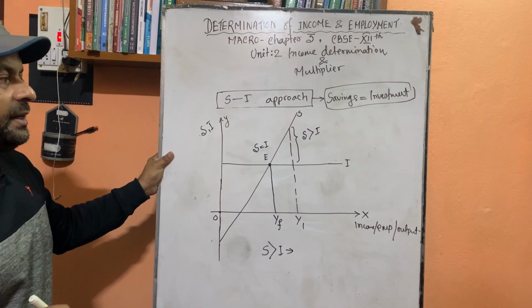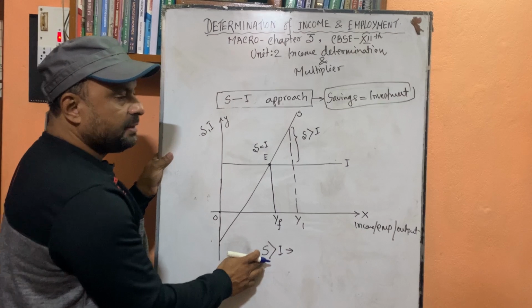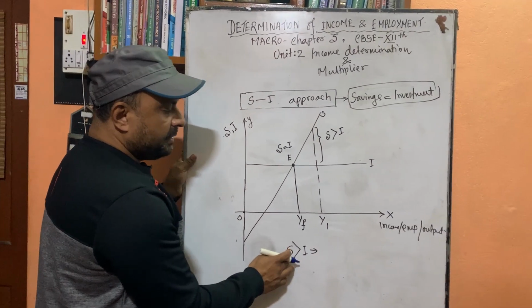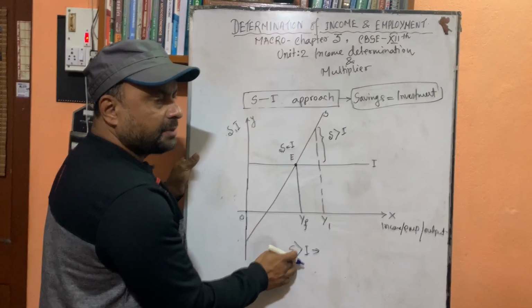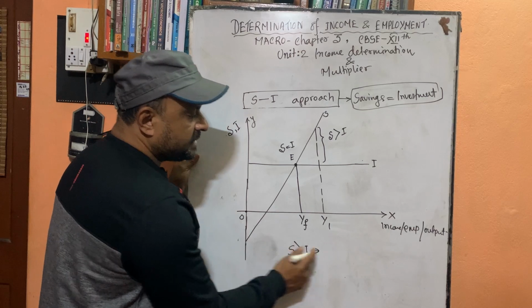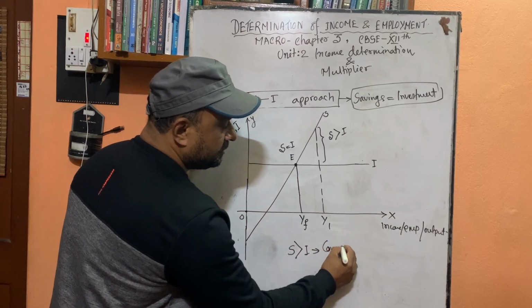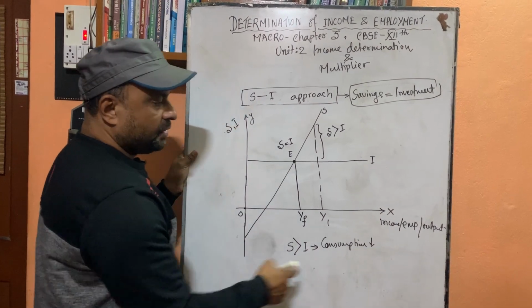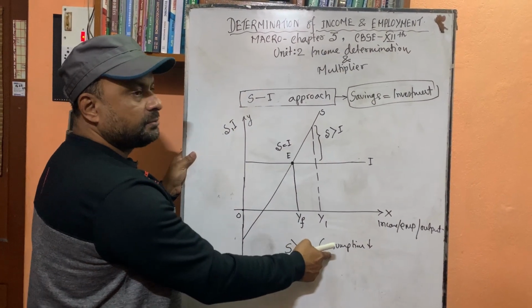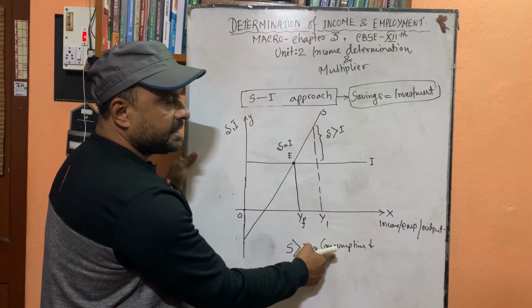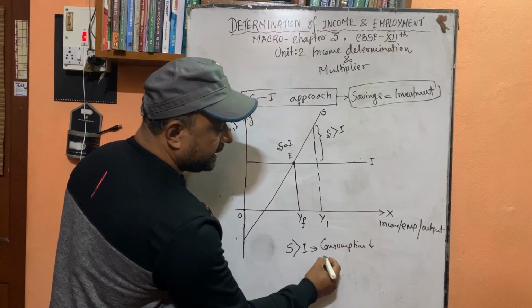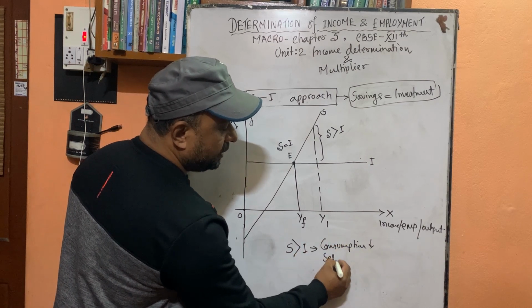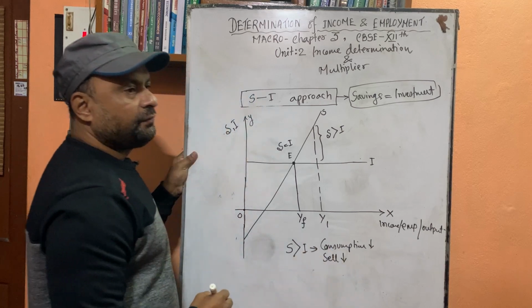It means people are saving more, the consumers of the country are saving more. If they are saving more, their consumption is less, because they can save more only if they consume less. So consumption is less. When the consumption is less, producers cannot sell all their product, their sales will fall.